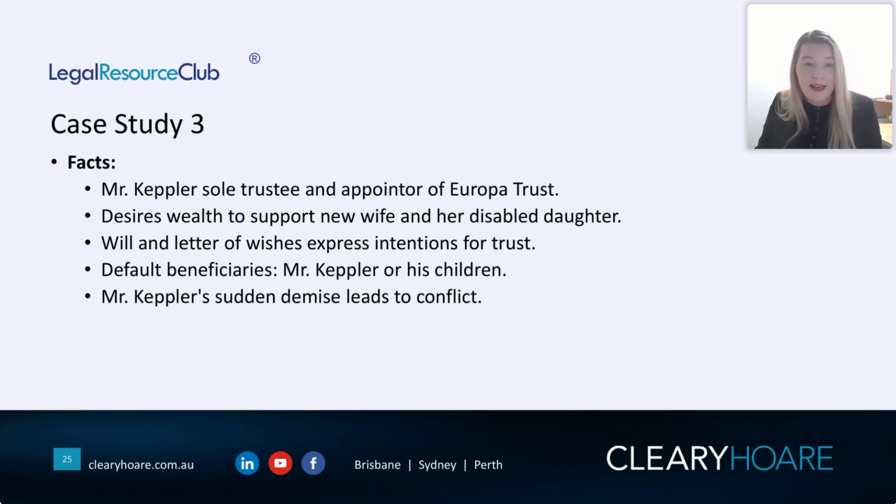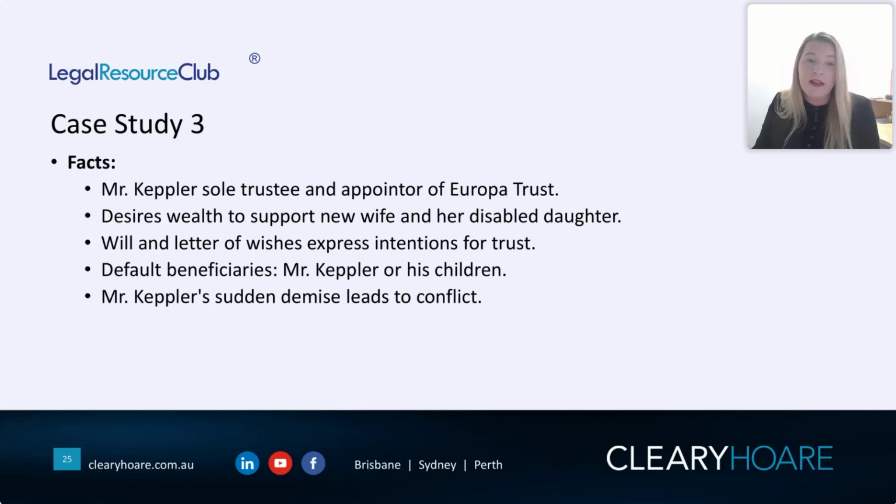So the executor under Mr. Kepler's will. And there are also default beneficiary provisions within the trust deed, being Mr. Kepler or his children. And it specifies that children does not include stepchildren. So the disabled daughter of the wife would not be a default beneficiary.